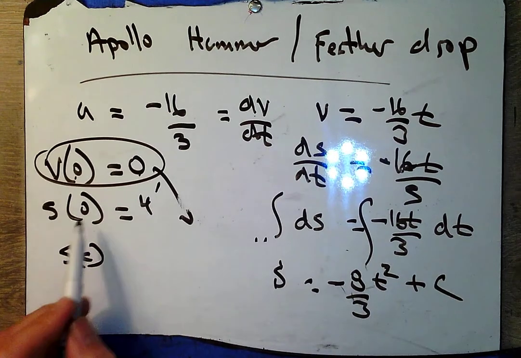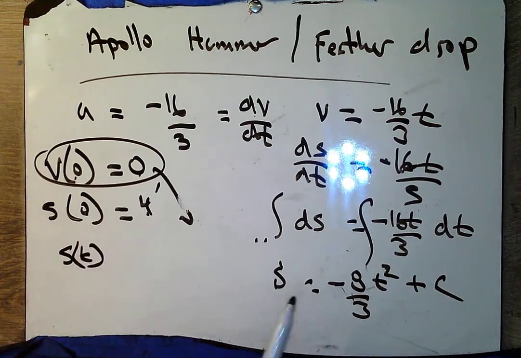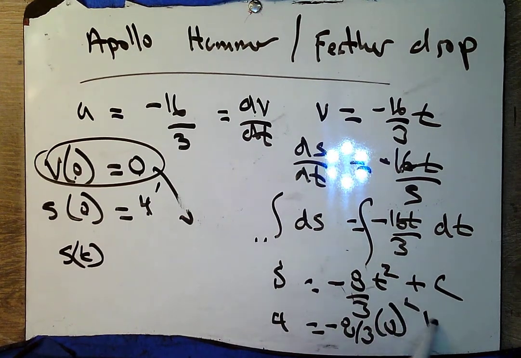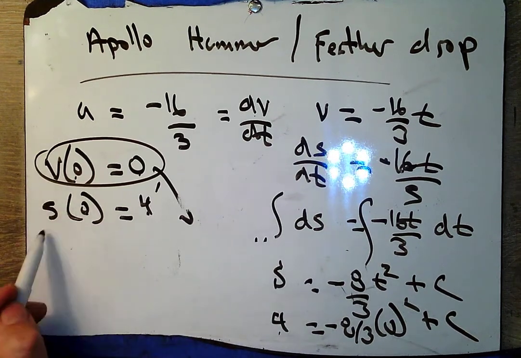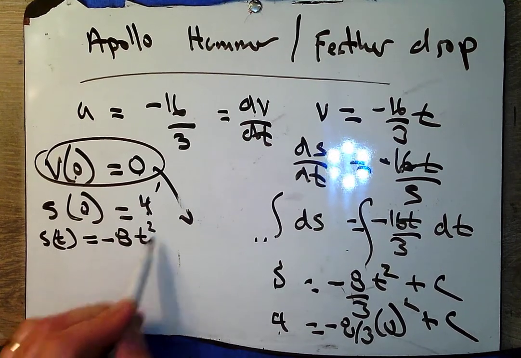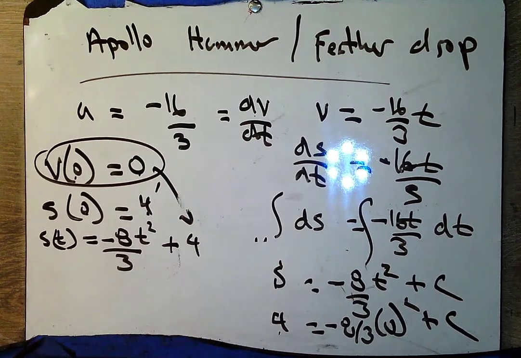And if we plug in a 0 for t and a 4 for s, 4 is negative 8 thirds times 0 squared plus c. We get c equals 4, and so our position equation, s of t, is negative 8t squared over 3 plus 4.